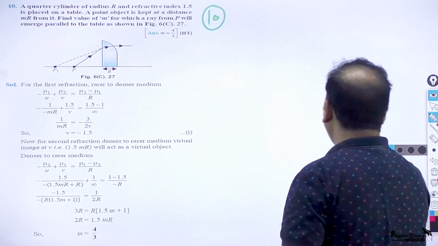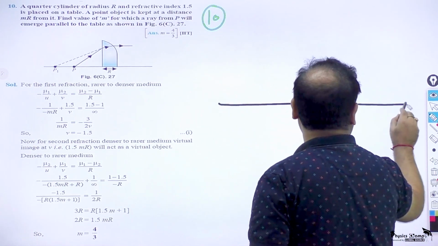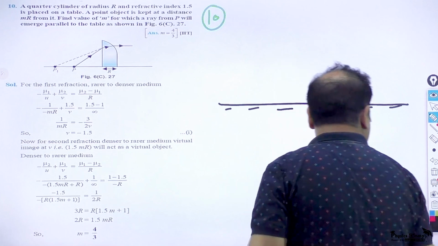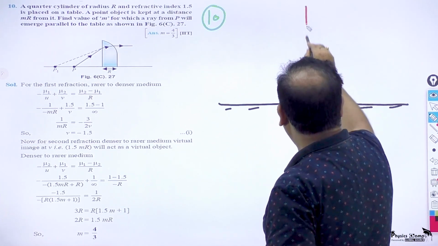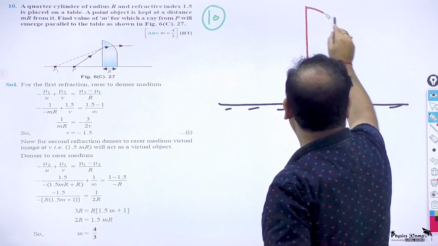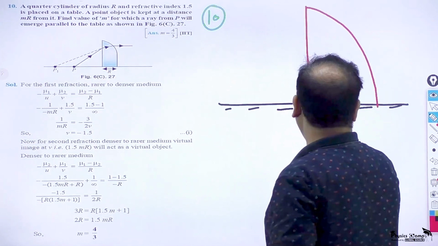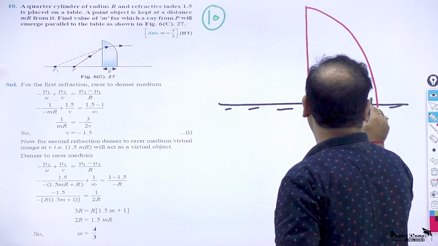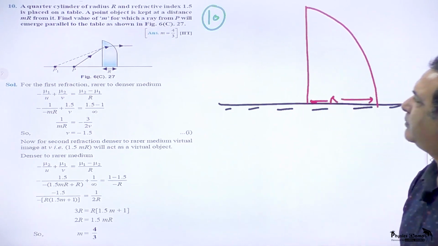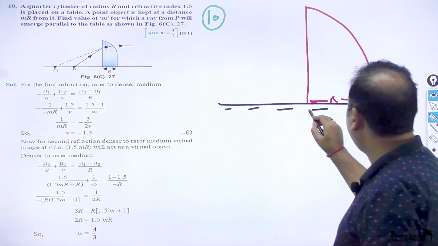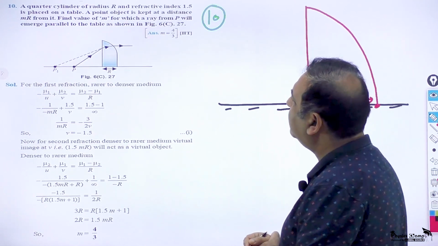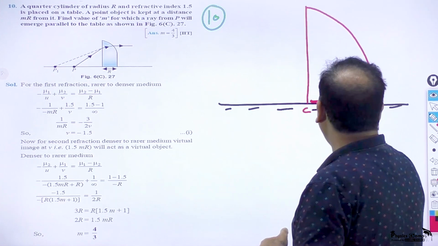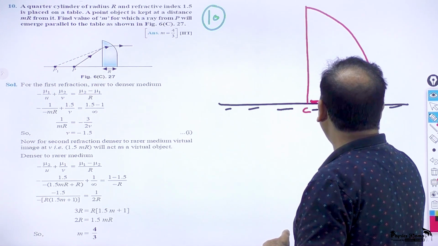So just imagine this is the shape of a table and there is a quarter cylinder. The quarter cylinder has its own radius r. So here is a center of curvature, and here you can take another point, and it has a refractive index 1.5, made up of glass.